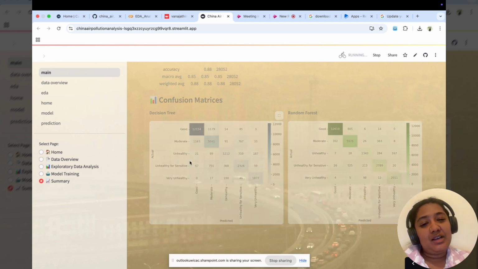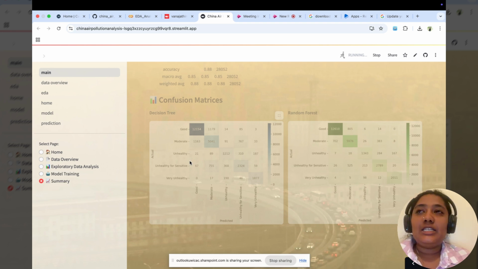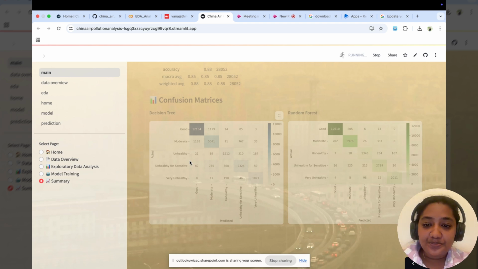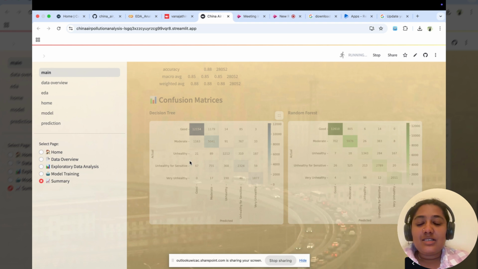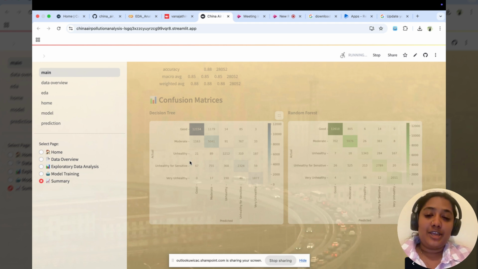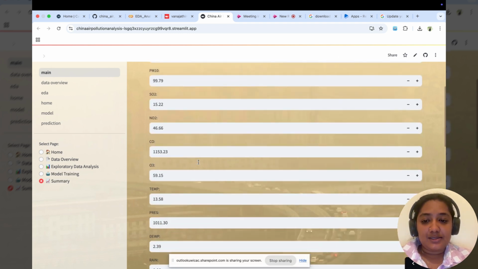I just made an air quality index calculator. It's like a prediction. We can adjust the values of the pollutant variables, and it will predict whether the air quality index is moderate, good, bad, or poor. I just want to show that here also.